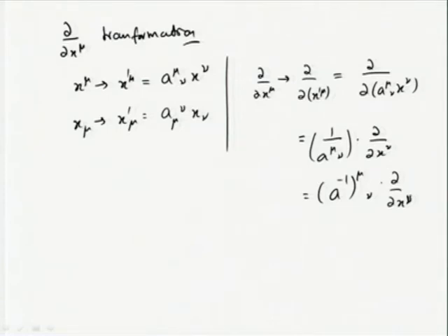But we saw in the earlier lectures that A inverse is essentially equal to A, with indices on x^ν.